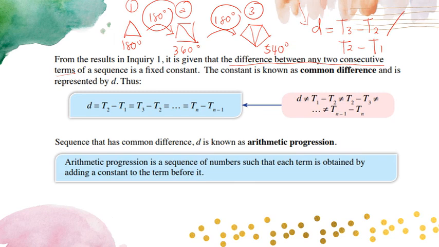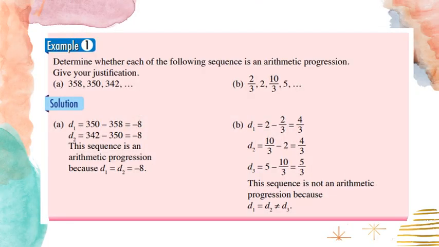This means we add the same value to the term before it. If we want to find the second term, we add the same value to the first one, or if we want to find the third one, we add the same value to the second one, and so on.